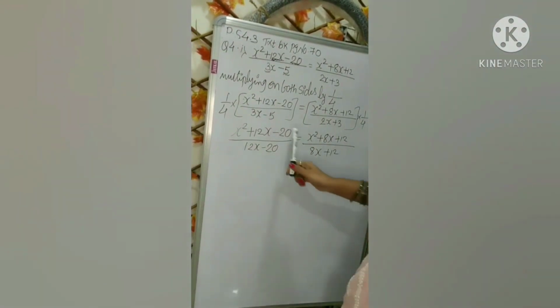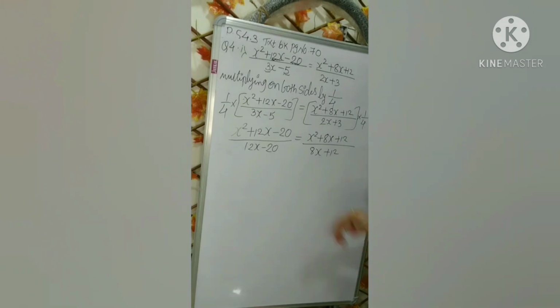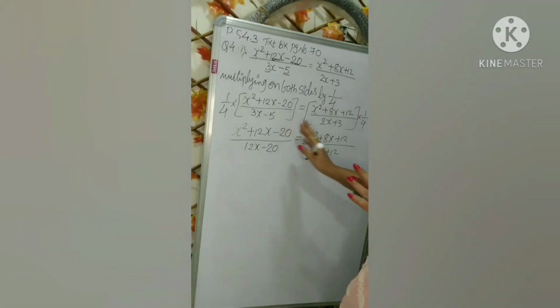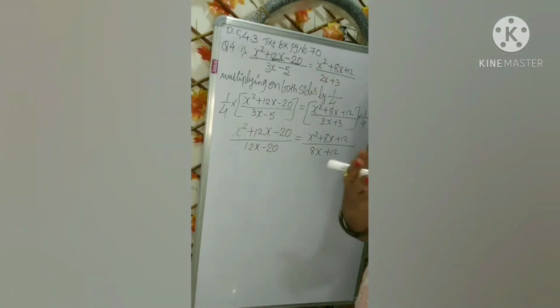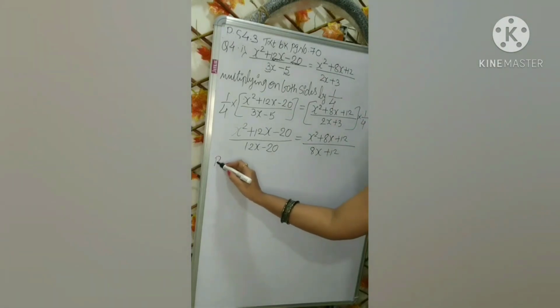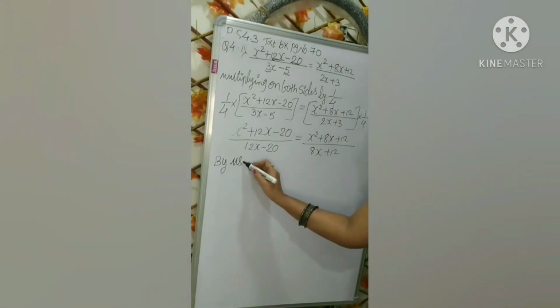So what am I supposed to do if they are same terms and same sign? Now whenever we have anything in the numerator and denominator with same sum, same sign, we need to see that they have to get cancelled in order to get reduced. And cancellation is possible in which property? Then it's dividendo. So here I am going to say by using dividendo on both sides.